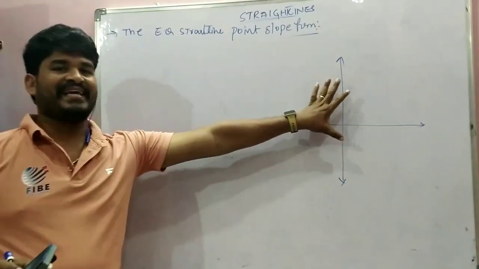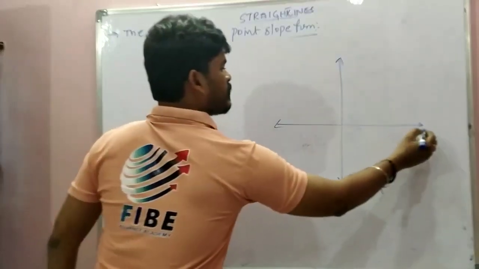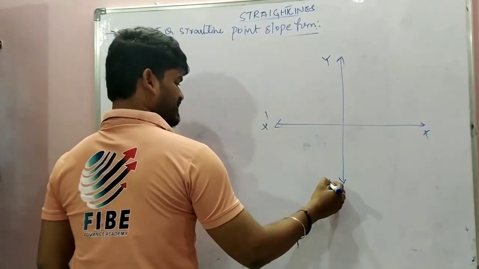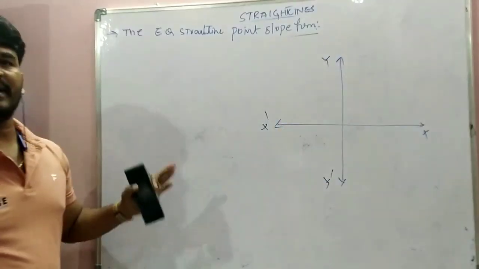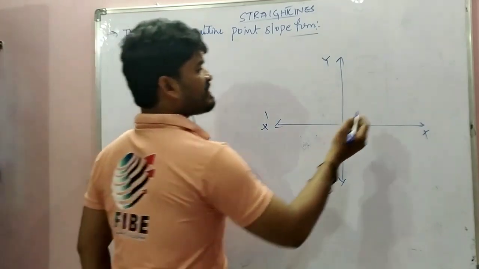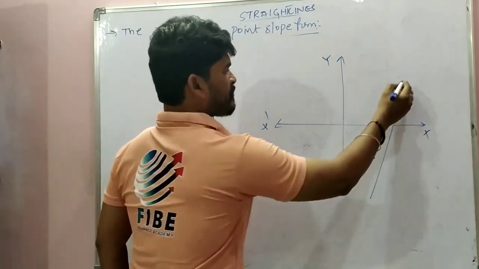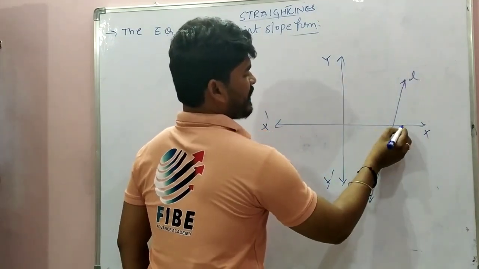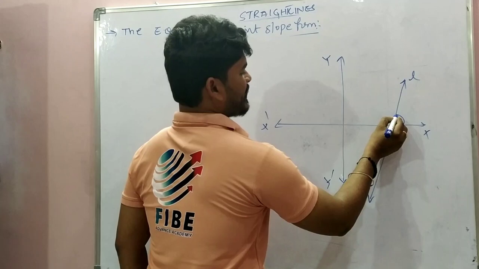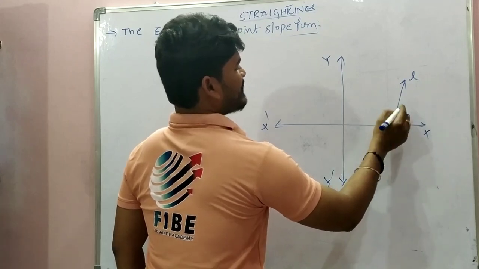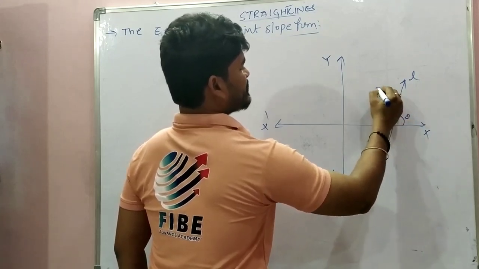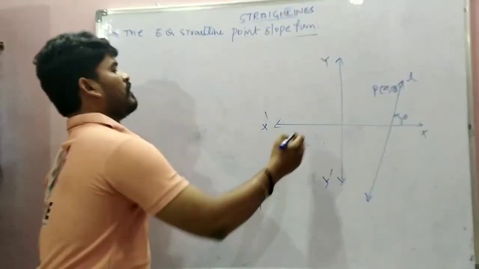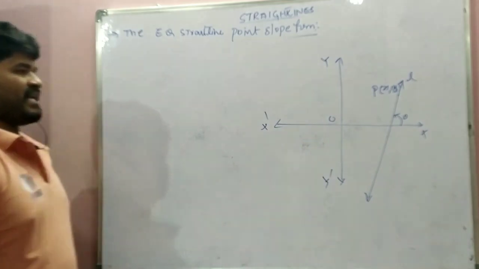We'll take the x and y axes. So this is x dash, this is y, this is y dash. The line L is moving here, making an angle theta anticlockwise, and a point P lying on the line is (x1, y1).